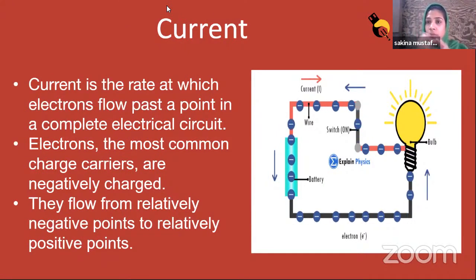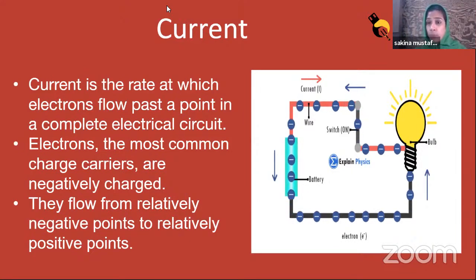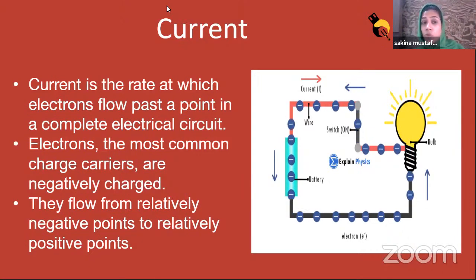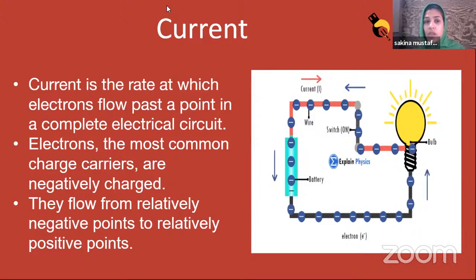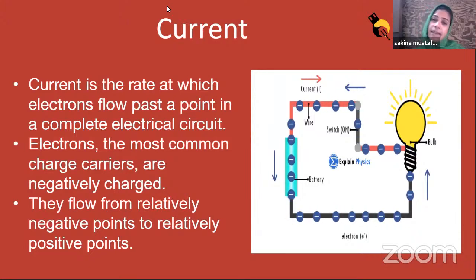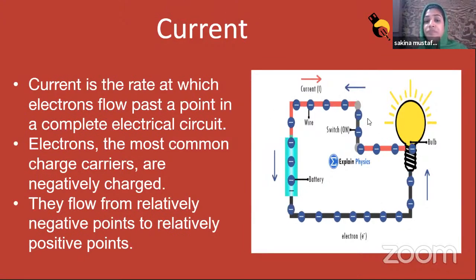That's why when my hand touched it, I got an electric shock. So what is passing through this wire? What passes through the wire is electrons. So current is actually the rate at which electrons flow past a point in a complete circuit. In a complete circuit, there is a flow of electrons, right?